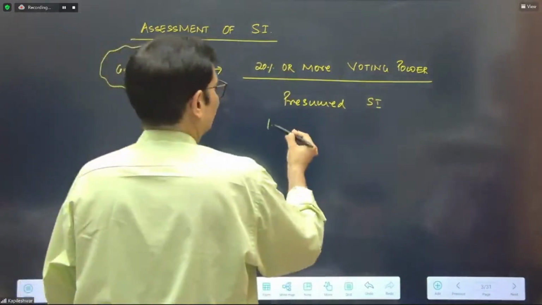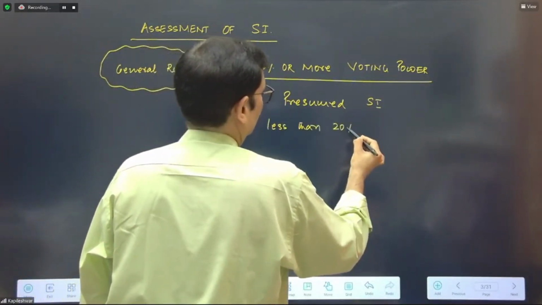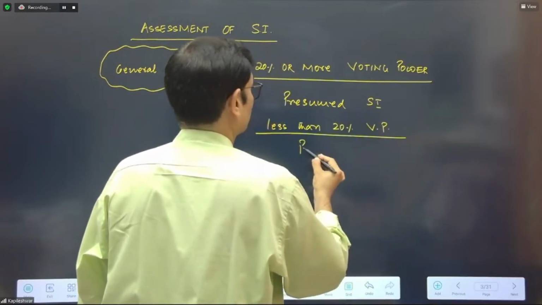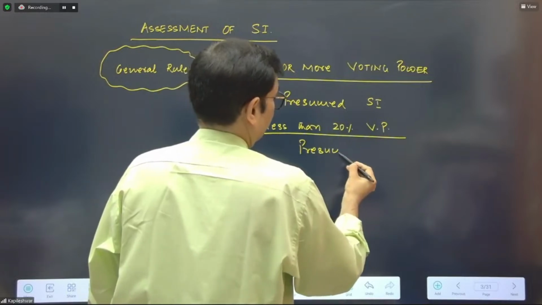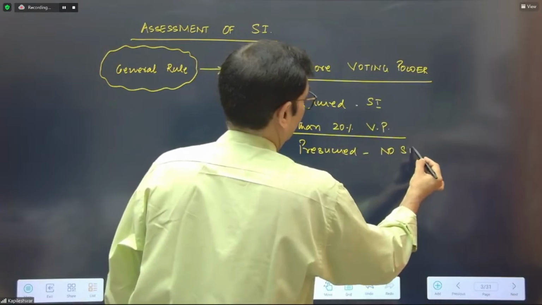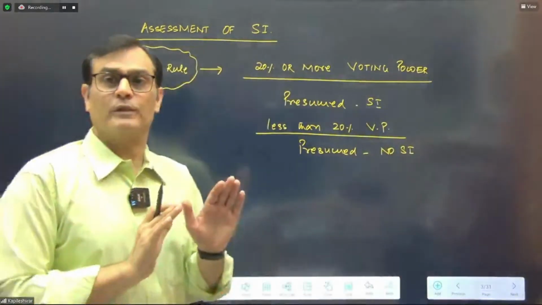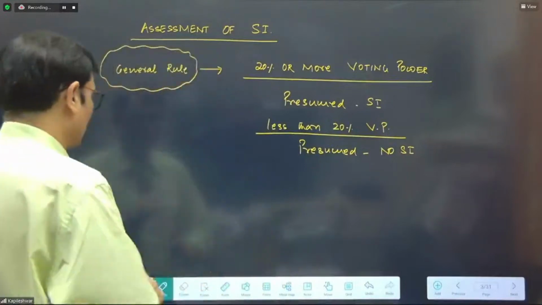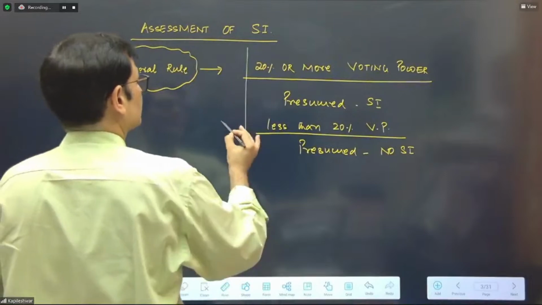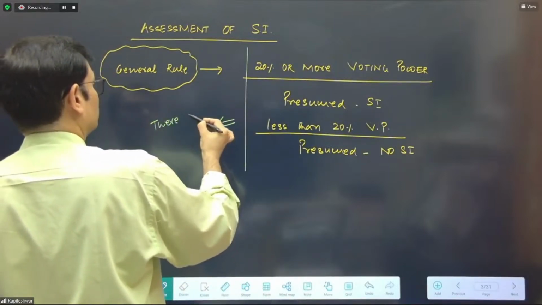And if you've got less than 20% voting power, then in this case it is presumed that there is no significant influence. That's the basic thumb rule, that you look at the apparent percentage. But we also made a mention that this has exceptions. So there are exceptions.